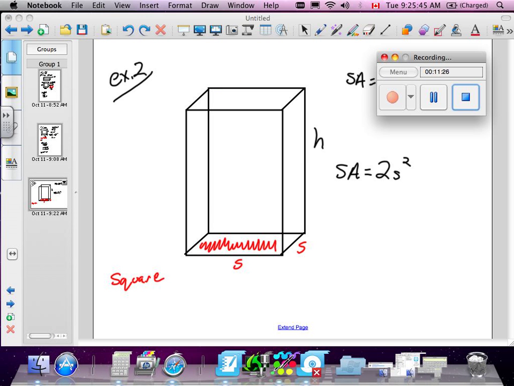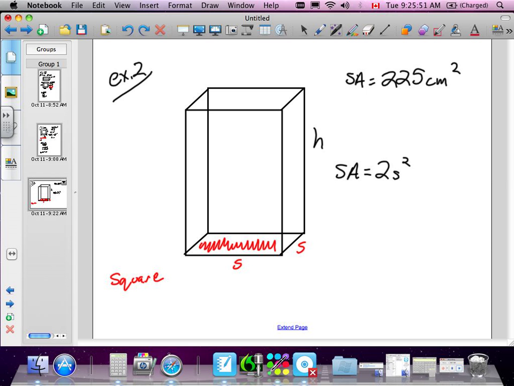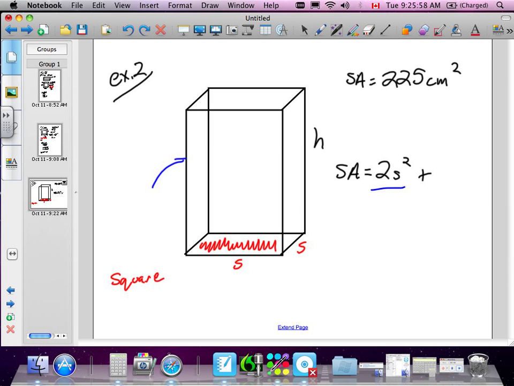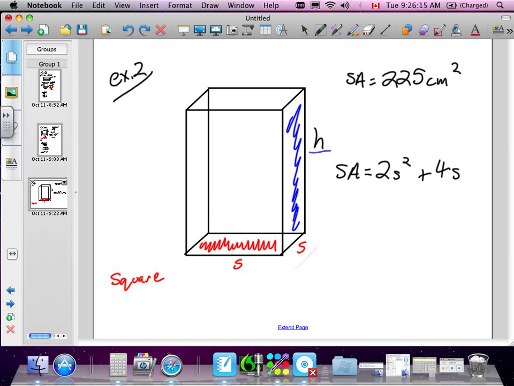So our surface area of both the top and the bottom comes out to this, but we would also have to add the surface area of the 4 rectangular objects on the sides. Now, the area of one of those would be a side times the height. That would give us the entire area of one of these, and we know there are 4 of them. So we would have 4 times s times h.